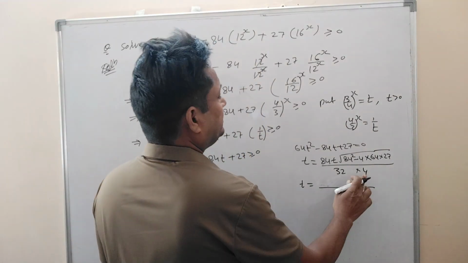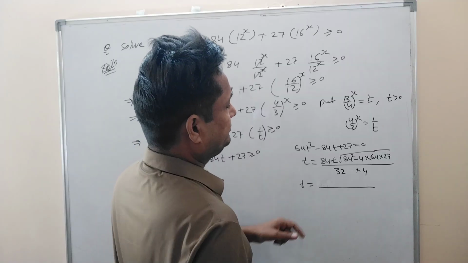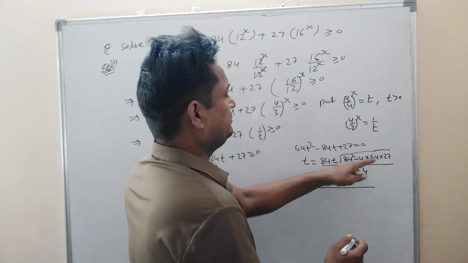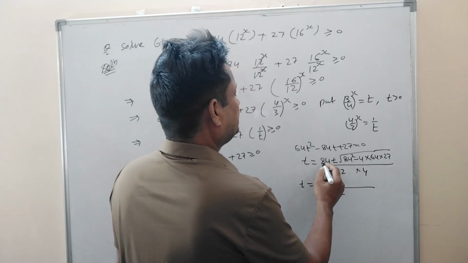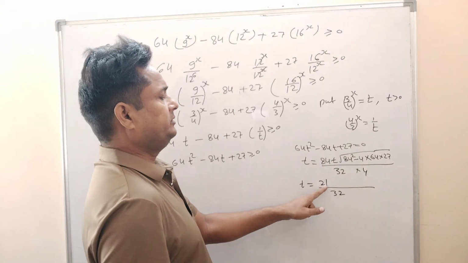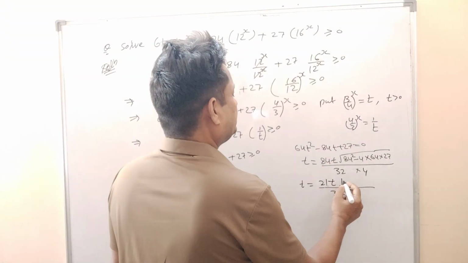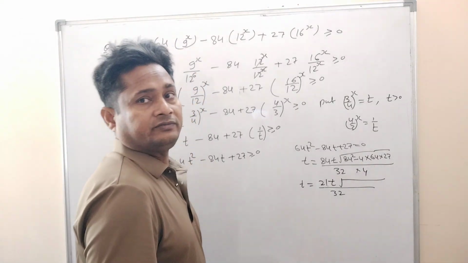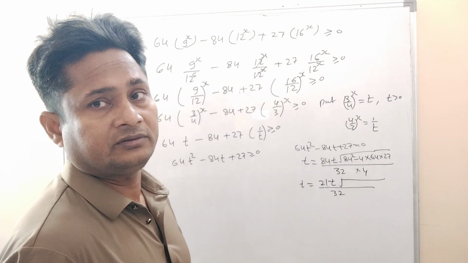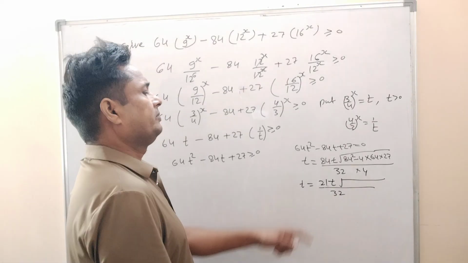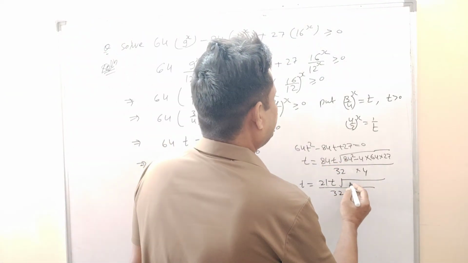If you divide by 4, numerator, this will be 21, this will be 16 and this will be 32, plus minus under root of. If you take 4 inside, then it becomes 16.